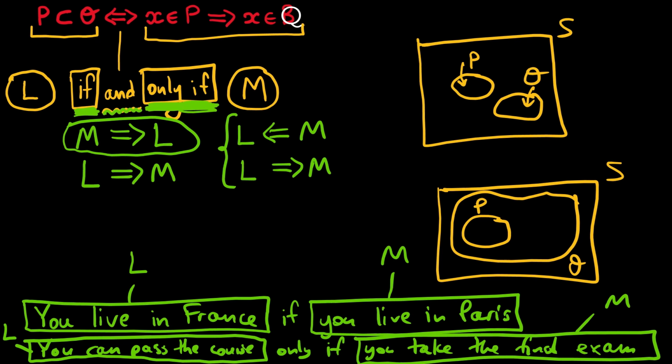So this if and only if has two directions, left to right and right to left. And you can see that in the way we draw this operator. It has the two directions.